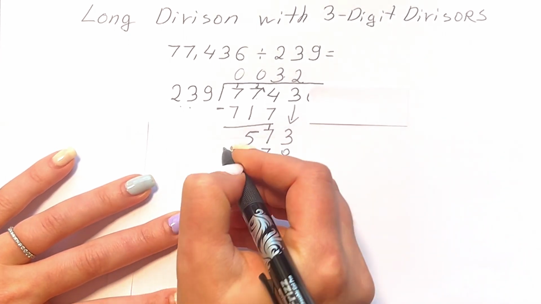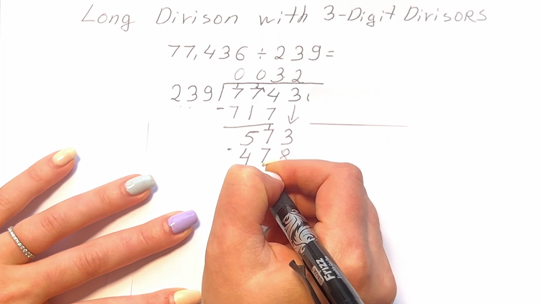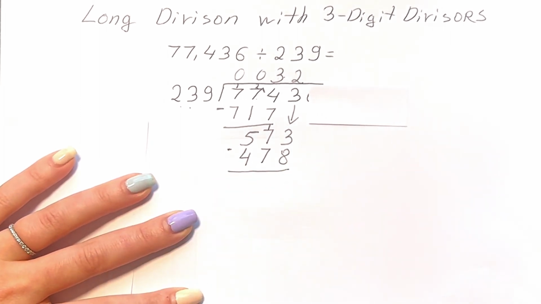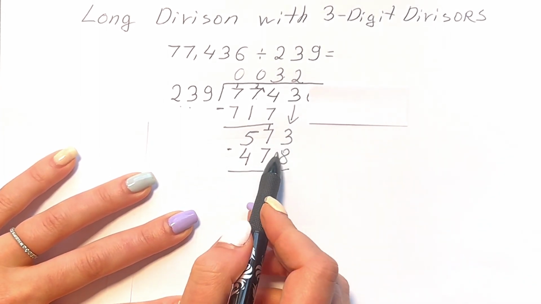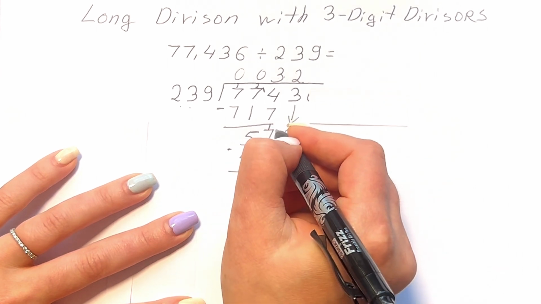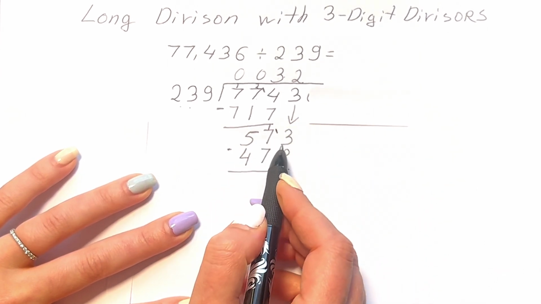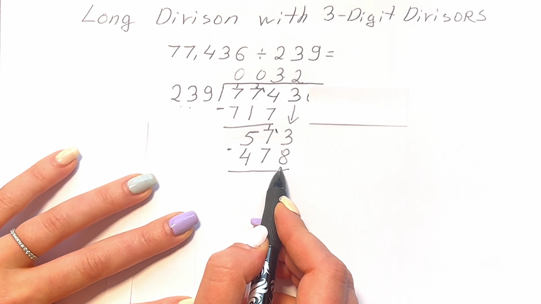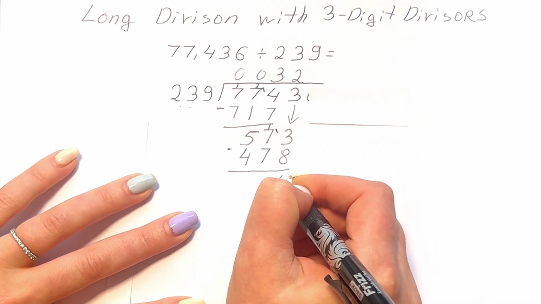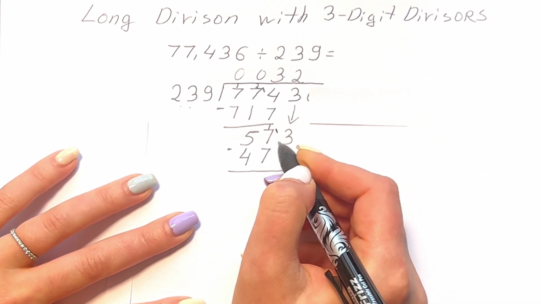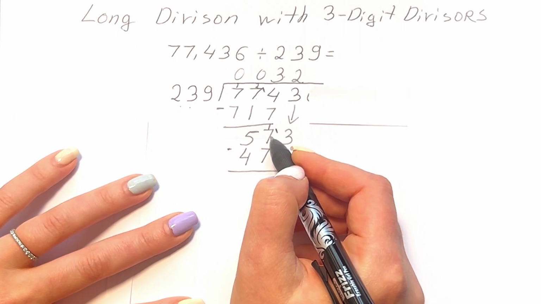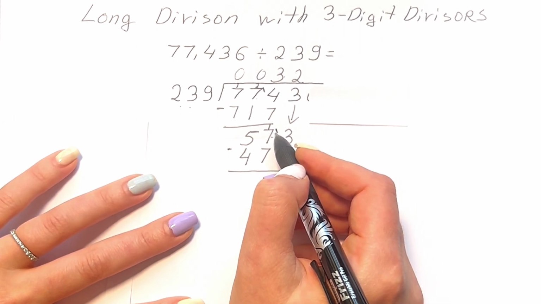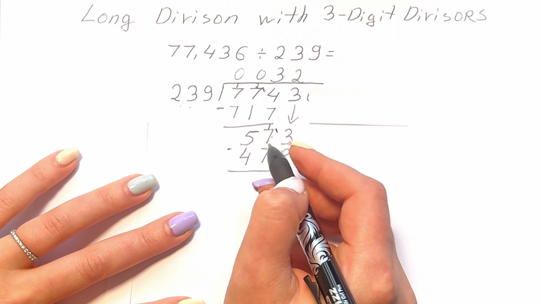Okay, let's subtract to get the remainder. 3 minus 8, I can't do that. I'm gonna borrow from the tens place. 13 minus 8 is 5. Now, this is not 7, this is 6 because there is a borrowing sign on the top. 6 minus 7, I can't do that.